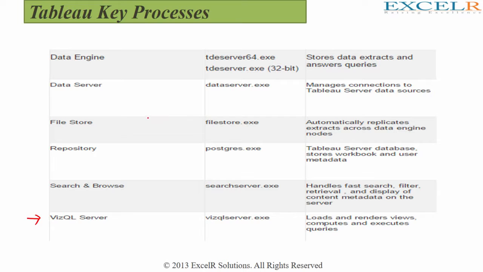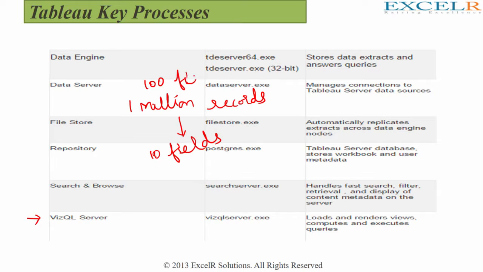For example, if someone is trying to load a view, the SQL Server process gets triggered. If you have 1 million records, and you feel that calling all the 1 million records in one go would hamper the performance of the system, that is when you probably want to call only 10 fields out of these 100 fields in 1 million records. 100 fields and 1 million records would be 100 million records in total.